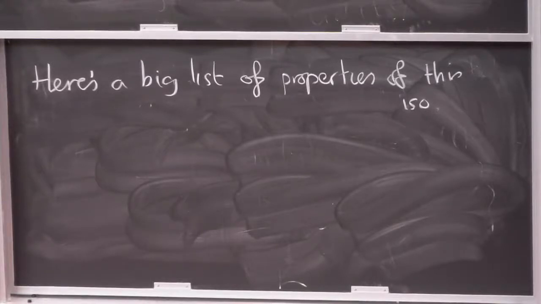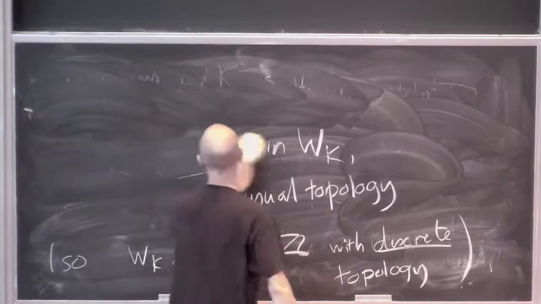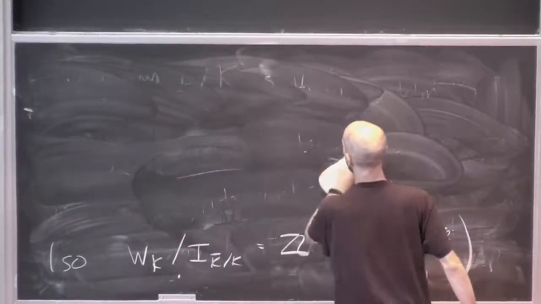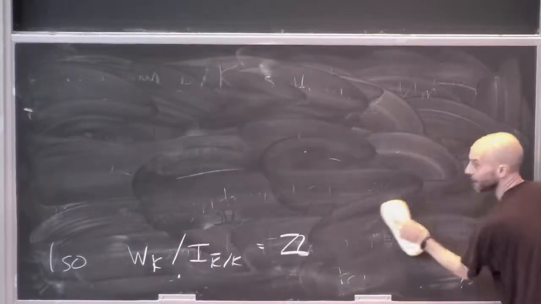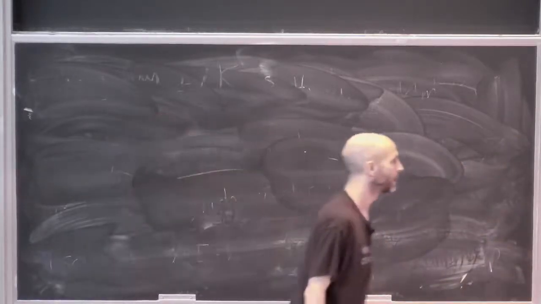If you just know this list of properties, then you know enough to use local class field theory in practice. So if you want to see why this is true, go and read Serre's article in Cassels-Fröhlich, where all the proofs are beautifully presented. There's lots of different proofs, actually.